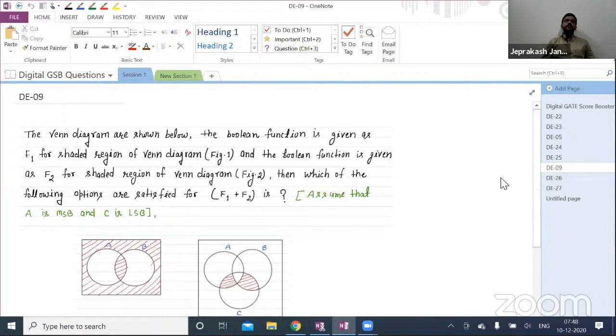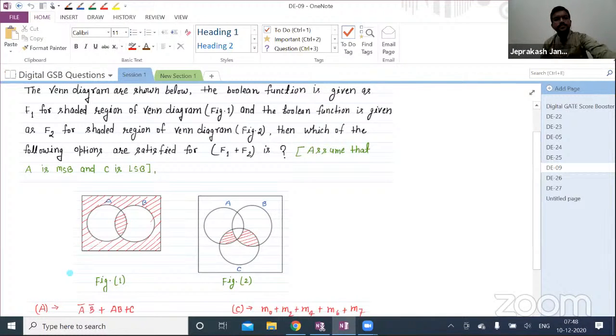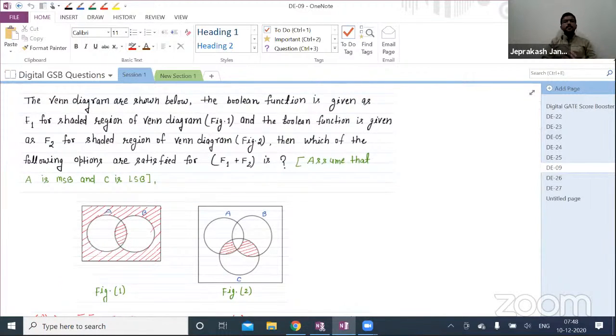Yeah, next question. This is related to Venn diagrams. Here he has given 2 Venn diagrams. This Venn diagram corresponds to function f1. Just 1 second. All of you take the screenshot. The Venn diagrams are shown below.